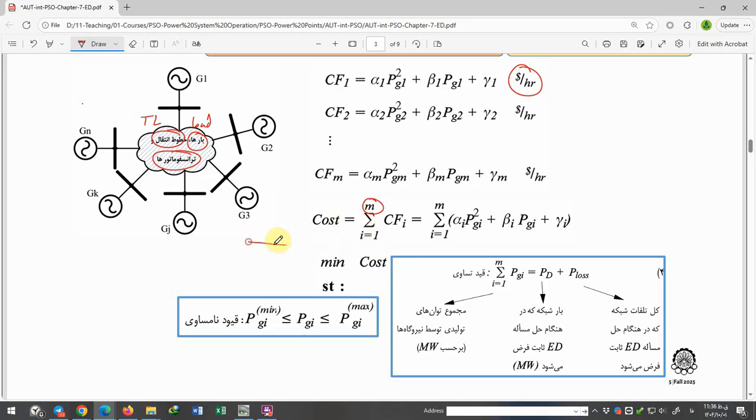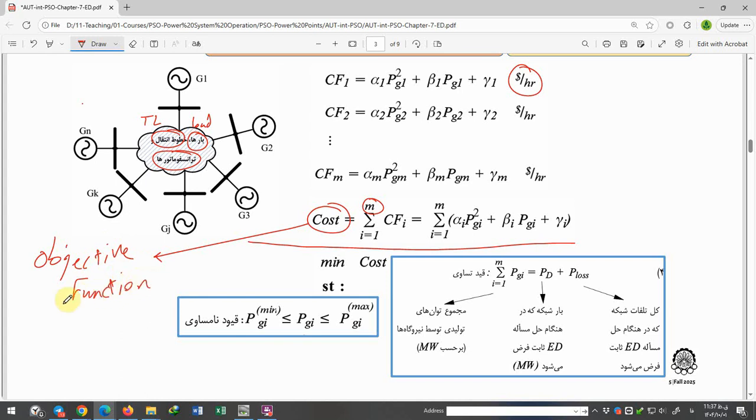The objective function is this cost, but the constraint is considering that the generation of each power plant is limited to its minimum and maximum.